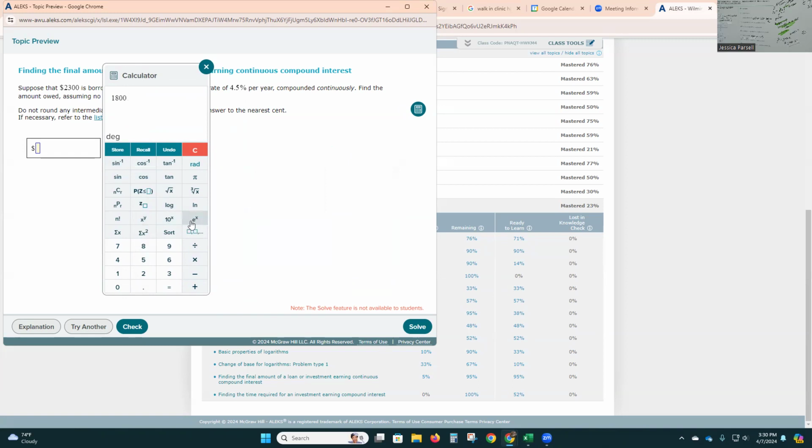Look at this right here. So e to the x, it's right up 2 above the division. So I'm going to click that. And then I'm going to put 0.025, which is our interest rate, 2.5% in decimal form, times 7 years. And look at that, bada bing, 2144.24. So this little calculator will come in handy here. I'm kind of digging it.